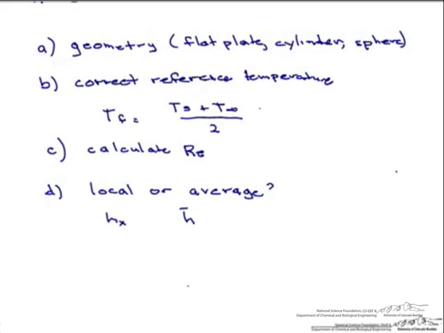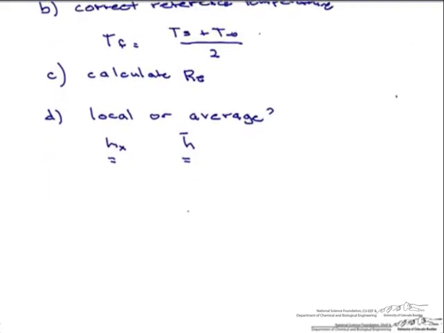The correlations are different depending on which one we need. The local one looks at a particular point, usually on a flat plate, and calculates what the heat transfer is there. The average heat transfer coefficient is used to measure the heat transfer along the entire plate.